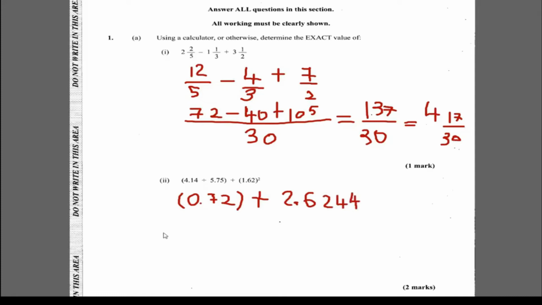So add these together: 0.72 plus 2.6244, we get 3.3444. You wanted the exact value, so you give them the exact value. And that's that, nice and easy. No real issues. Let's continue.